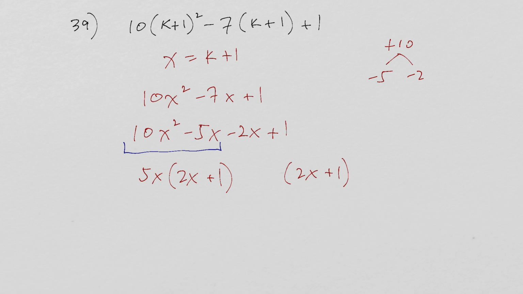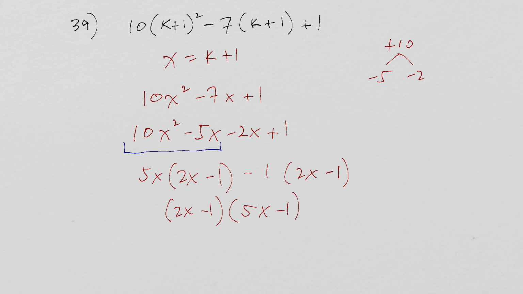That's my mistake. That's a positive 5x, and this has to be minus 1. Sorry if that confused you. Okay, now, what I need to put here is a negative 1. That way, when I multiply here, this becomes a negative 2x and a positive 1. So I have 2x minus 1 times 5x minus 1.